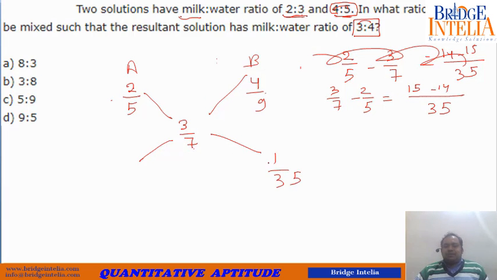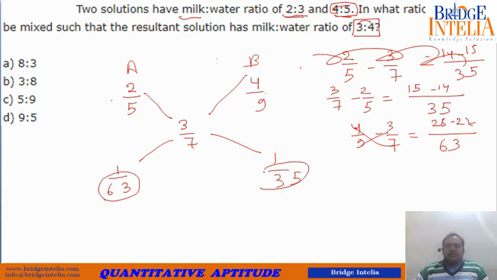Now the difference between 4 by 9 and 3 by 7. So 4 by 9 minus 3 by 7. LCM is 63. 7 4s are 28, 9 3s are 27. So 1 by 63.